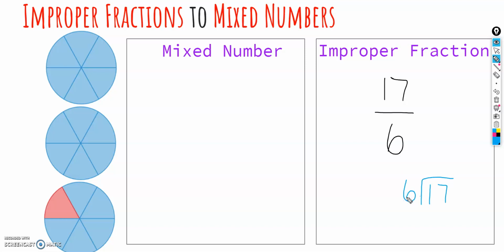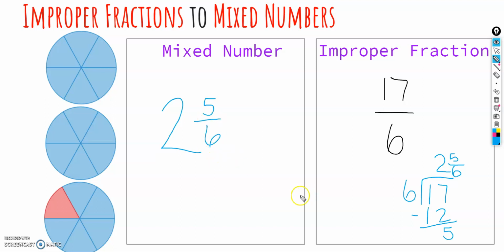How many times does 6 go into 17 without going over? 2. 2 times 6 is 12. Then you subtract and you get 5. Now, this time I'm going to write my remainder as a fraction. There's 5 out of how many left? 5 sixths, which is this number here, which is also the same as this one. So my mixed number is 2 wholes and 5 sixths.